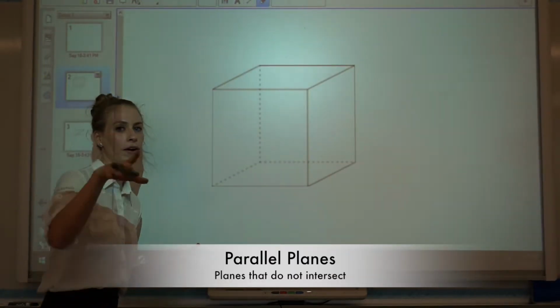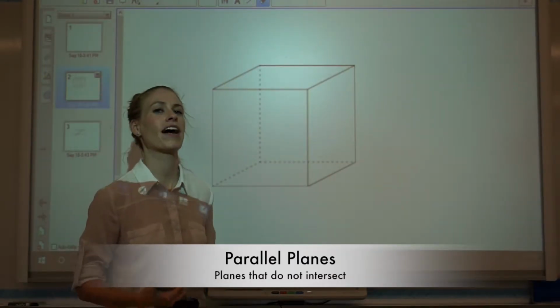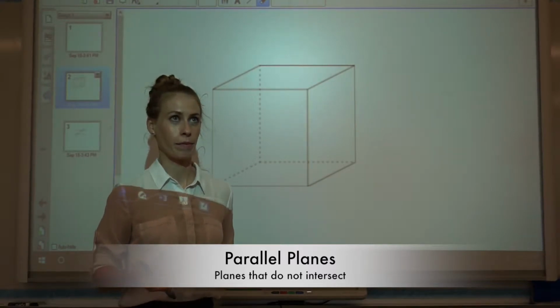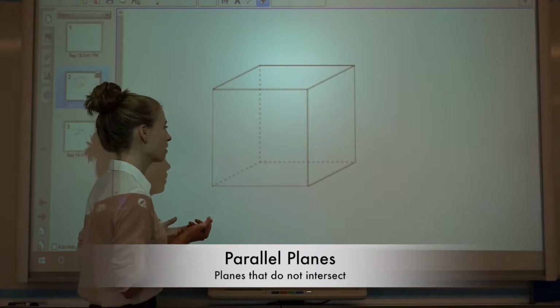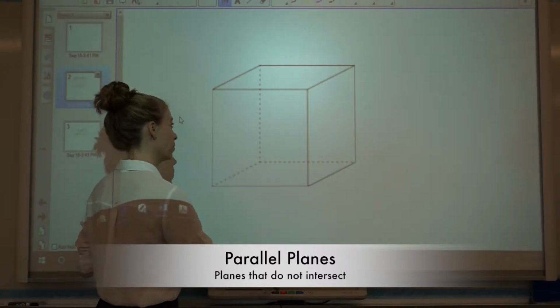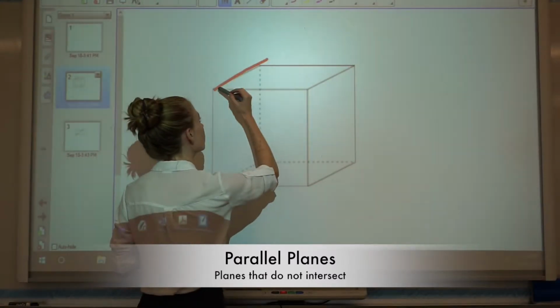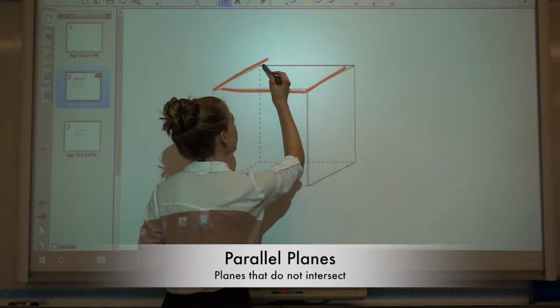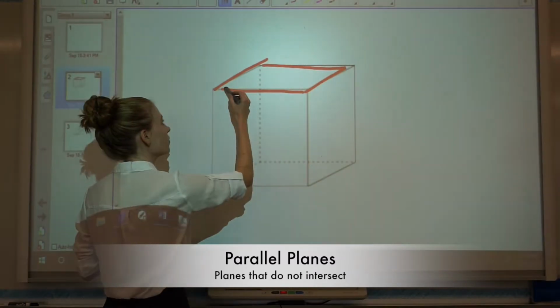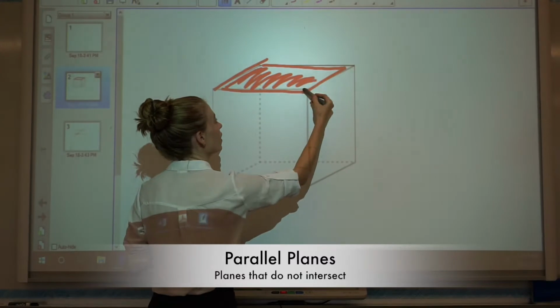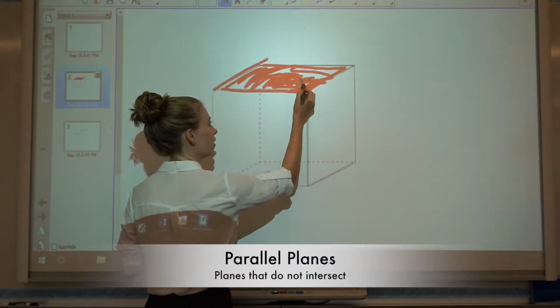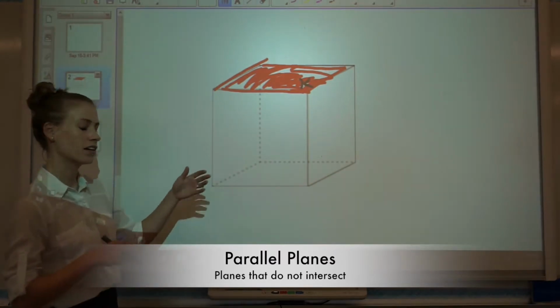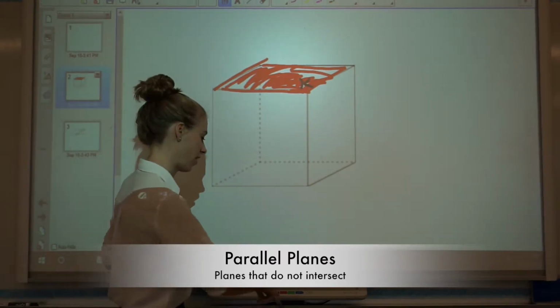Okay, let's talk about parallel planes. Same concept as parallel lines, but guess what? We're not dealing with lines, we're dealing with planes. So if we look at our cube here, for example, remember a plane kind of looks like a parallelogram. So if I were to find a plane that's parallel with, let's call it plane K, I'm just trying to find another plane that won't intersect with this guy.